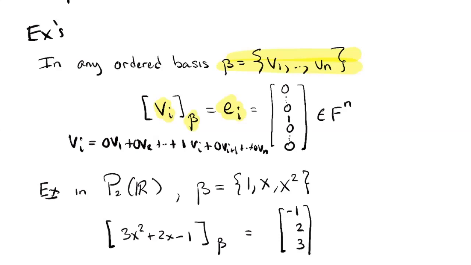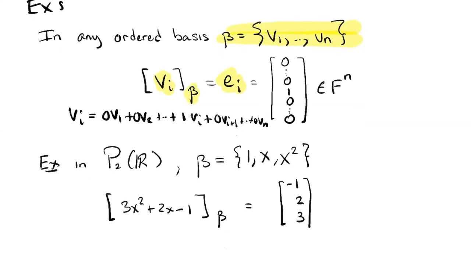How about in a polynomial space? Say polynomials of degree less than or equal to 2. Let's take the ordered basis 1, x, x squared. We'll always use that ordered basis. Then if you give me a polynomial, like 3x squared plus 2x minus 1, and you ask me, what are its coordinates with respect to beta?